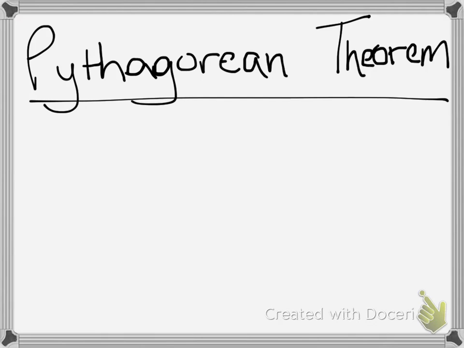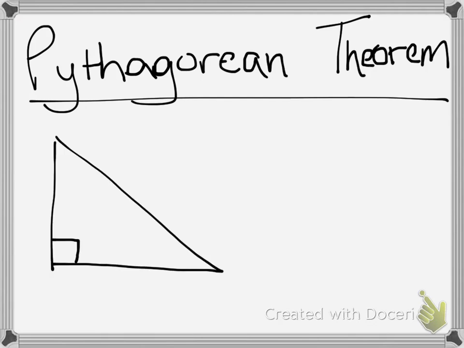Given a right triangle, we could label each of our sides A, B, and C, where A and B are the lengths of the 2 legs of the right triangle, and C is the length of the hypotenuse.